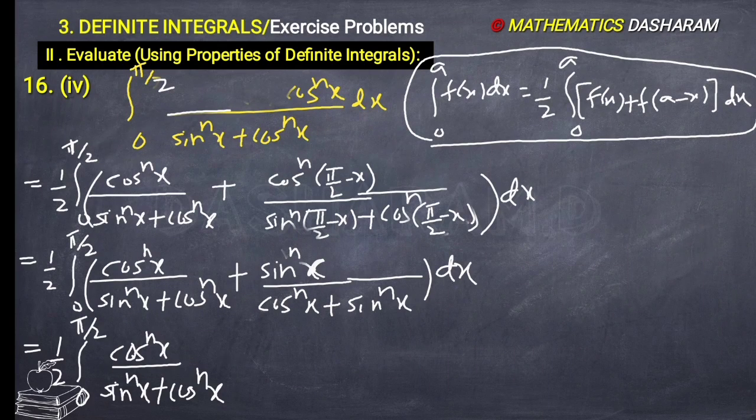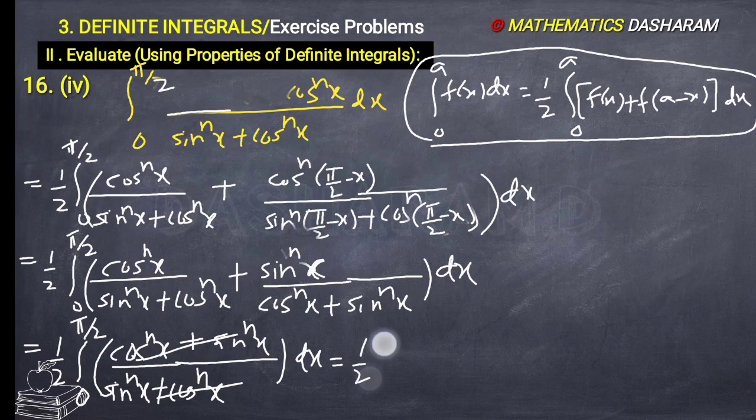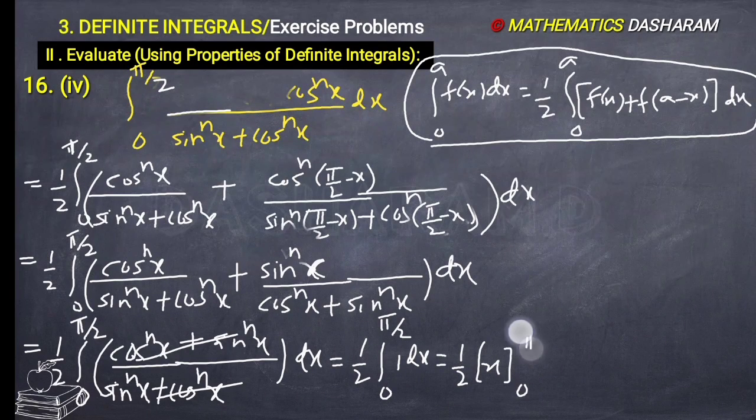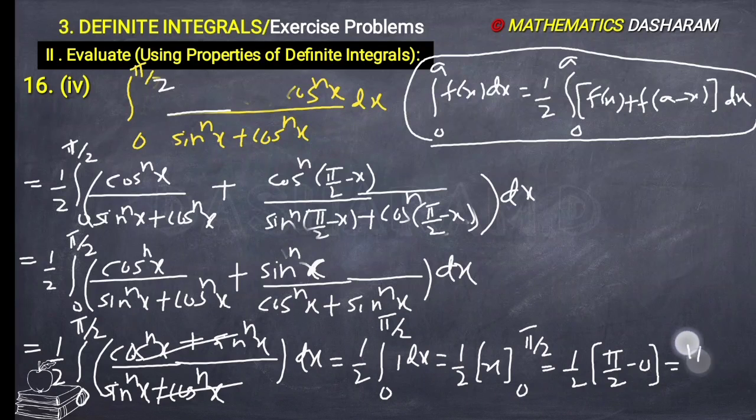So here the denominators are the same, then add the numerators. Sine to the power of n x dx, now both are cancelled, 1 by 2 integral 0 to pi by 2 of 1 dx. Integration of 1 dx is x, so 1 by 2 x from 0 to pi by 2. Now substitute the limits. Pi by 2 minus 0, it is equal to pi by 4, which is our required answer.